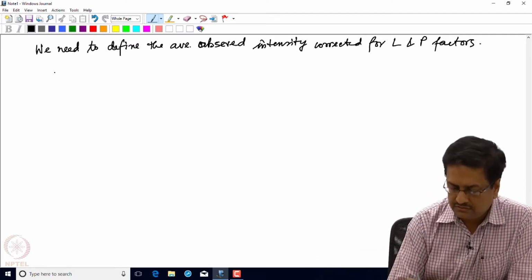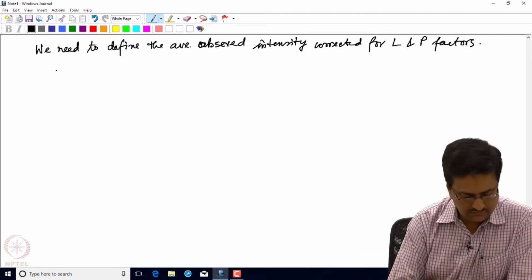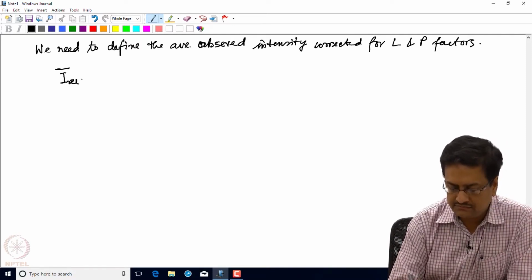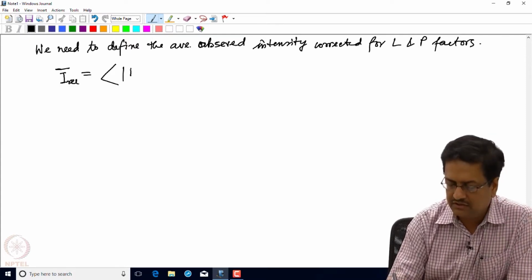That I rel is equal to the average of F relative square.